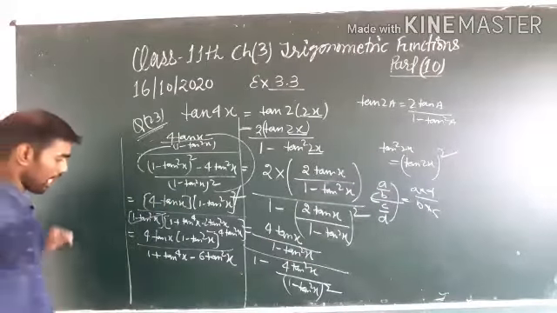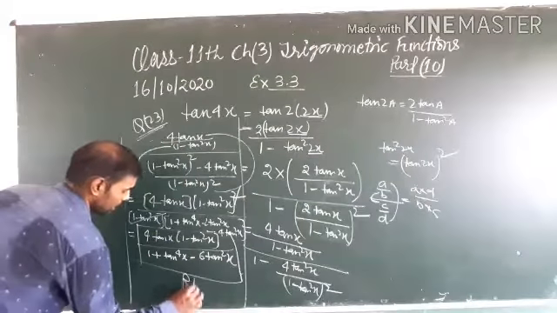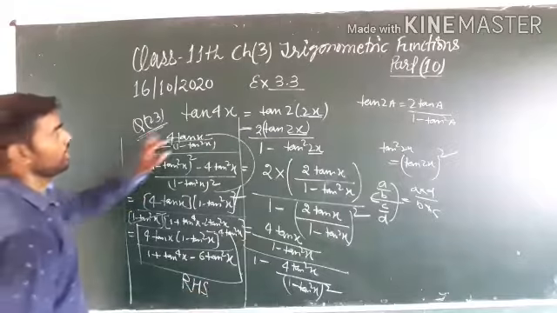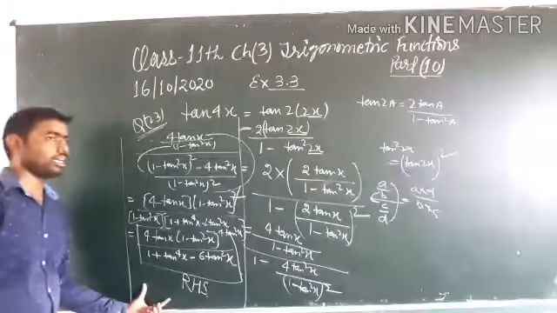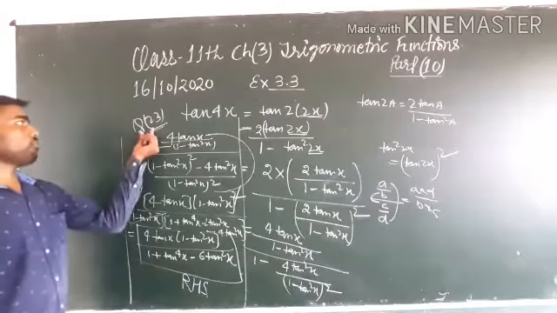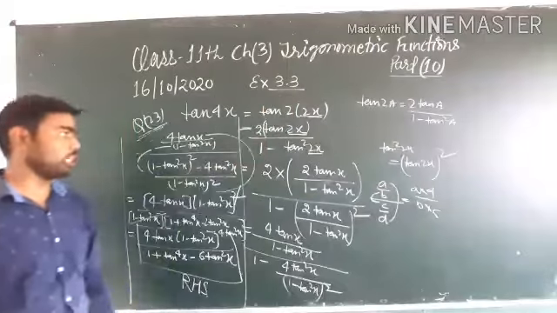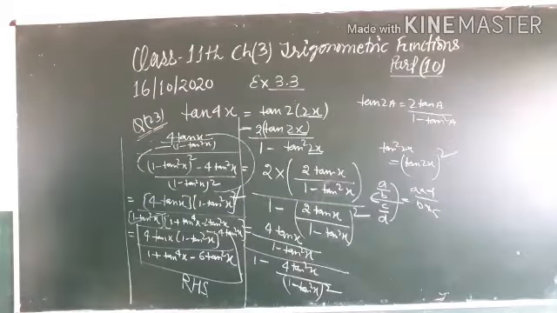So this is the right hand side of this given question. This is the left hand side and this is the right hand side. So this is the complete explanation of question number 23 of exercise 3.3. Further, please pause the video and note it down.